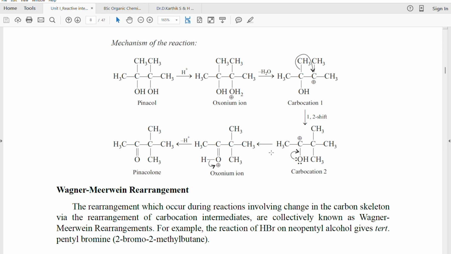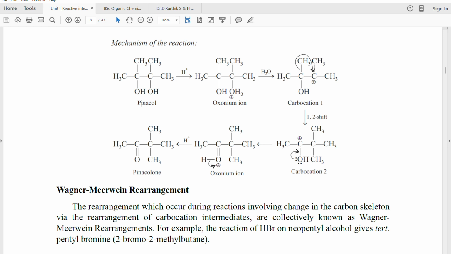So this carbocation is stabilized by this resonance structure, and to neutralize this oxonium ion, the hydrogen will give its bond pair of electrons to the oxygen, and it is removed as H plus, that is the acid catalyst we added, right. So the catalyst H plus is regenerated. That means the catalyst is regenerated here, and it gives the pinacolone, that is the ketone compound, which is the product of this pinacol-pinacolone rearrangement reaction.